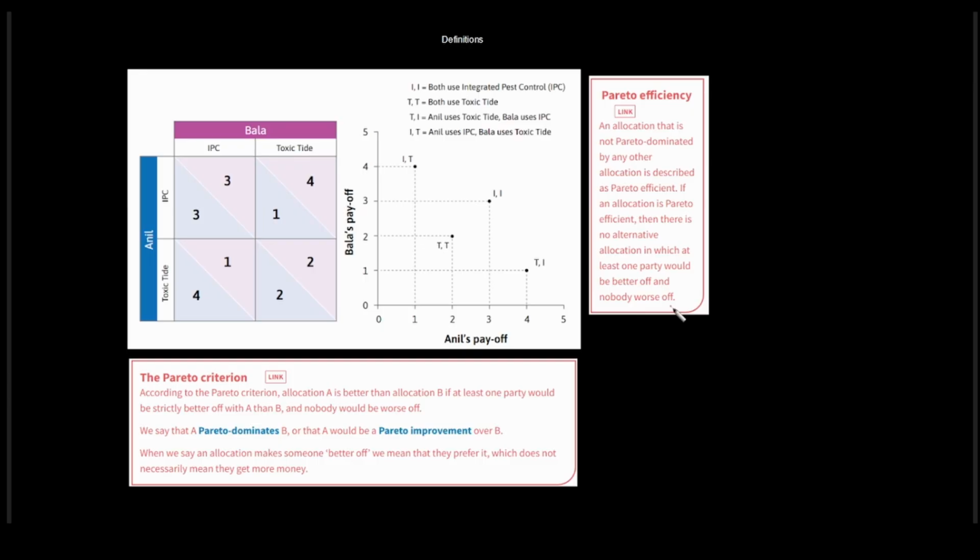We can have a Pareto efficient outcome as long as it's not dominated. If an allocation is Pareto efficient, then there is no alternative allocation in which at least one party would be made better off and nobody worse off. Okay, let's walk through it and see where we're at.